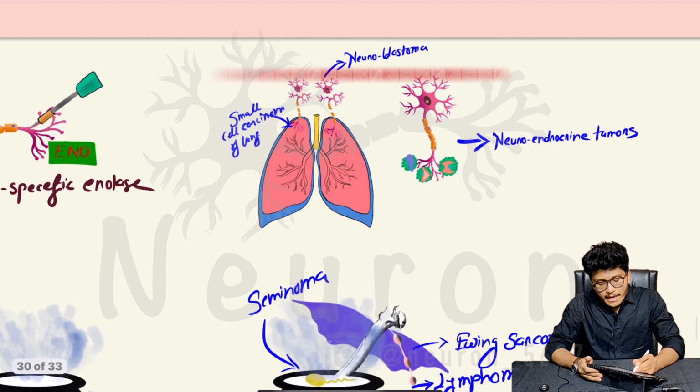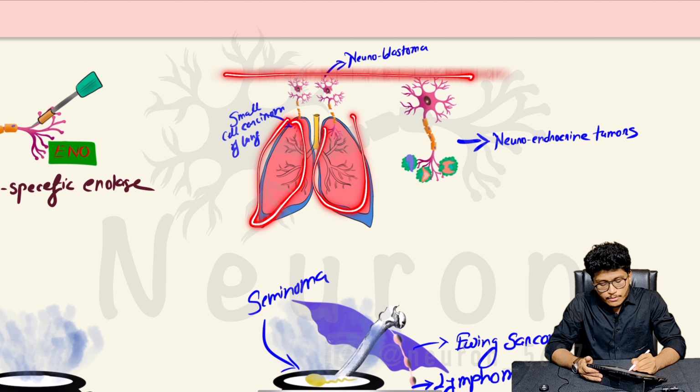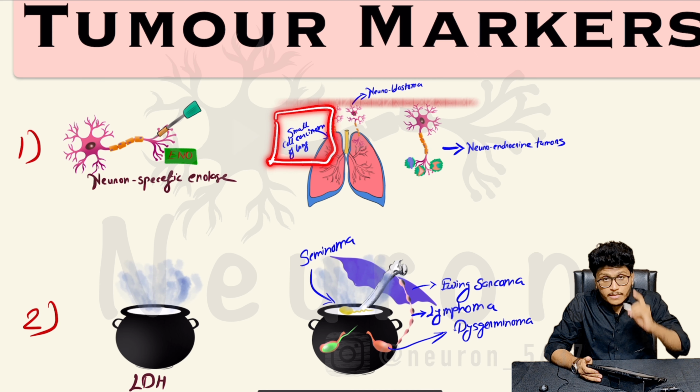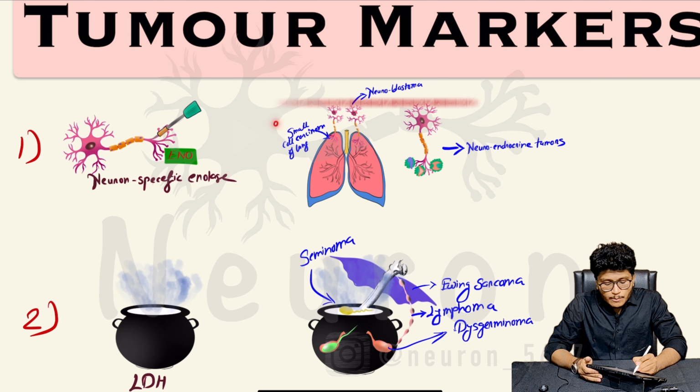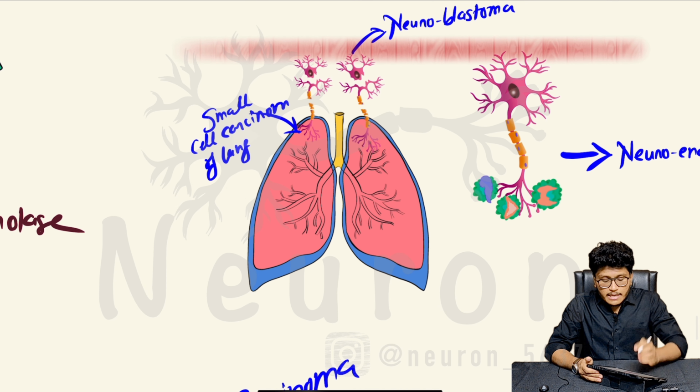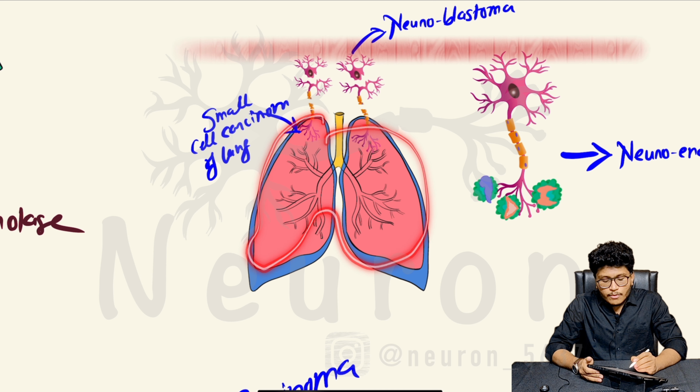I have hanged this lung by these two neurons, and the connection between the neuron and the lung will be at the small cells level. From that, you have to remember that in small cell carcinomas, the tumor marker will be neuron specific enolase. And as you can imagine, the lung will be too heavy for two neurons to handle, so they will blast.